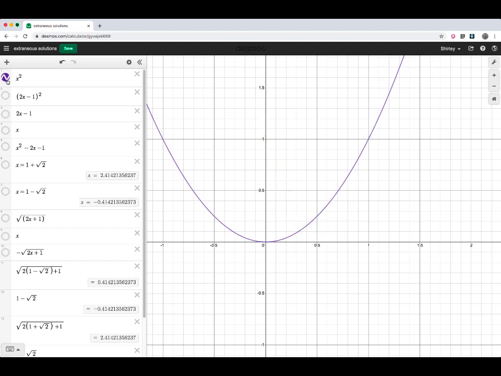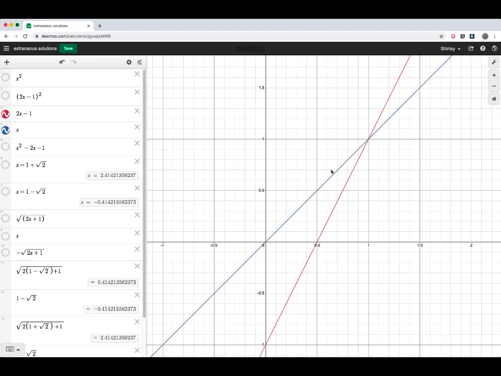Now let's take a look at 2x minus 1 and x. They only intersect at 1. Let's show them all at once. You'll see that x equals 1, y equals 1 is the point of intersection of all the curves. Now let's go back to our original problem.